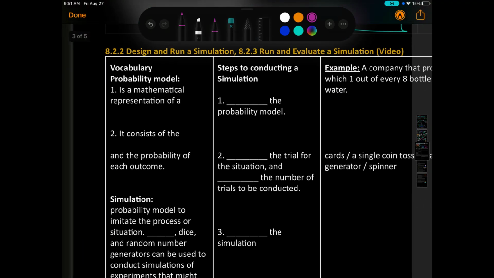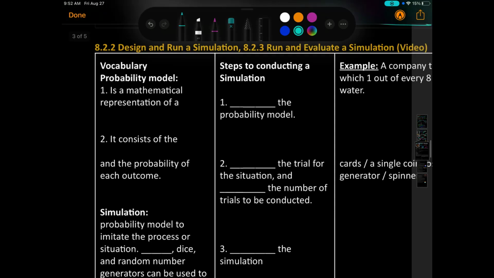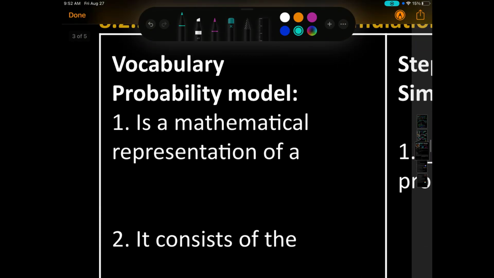Okay, let's try this one. And here we're talking about, now we're on Module 8, Lesson 2, Example 2, Design and Run a Simulation, and 8.23, Run and Evaluate the Simulation. So what is a probability model?